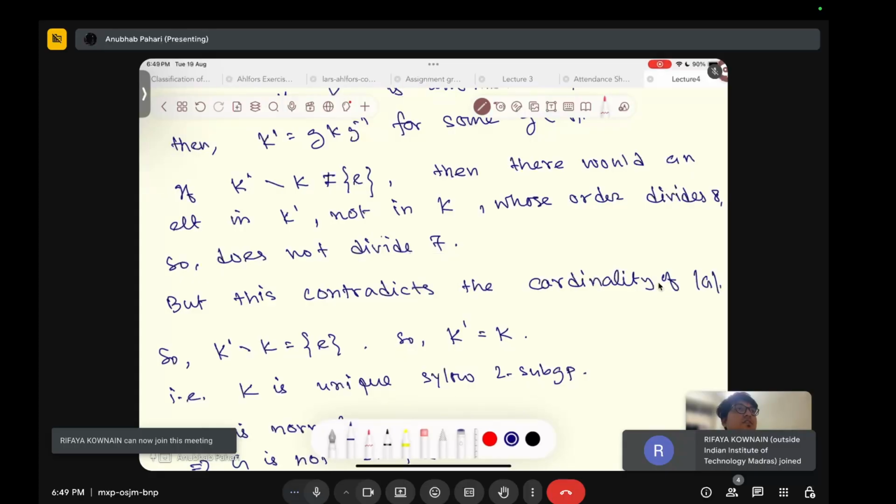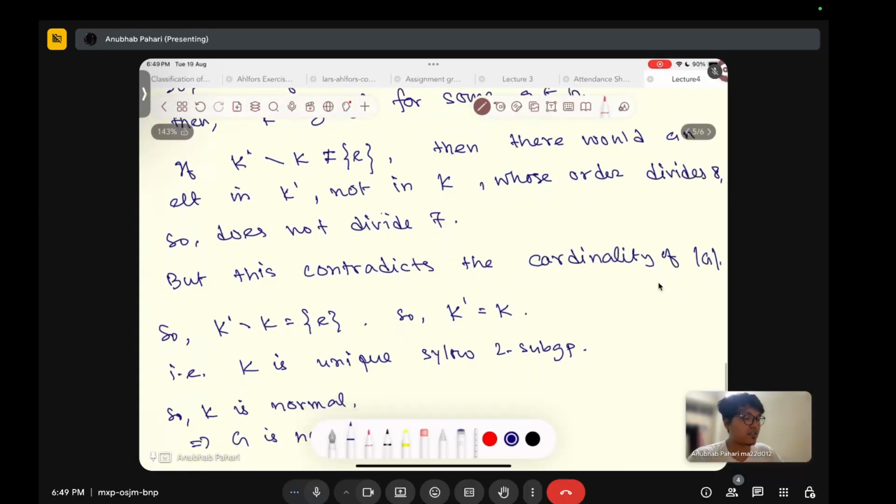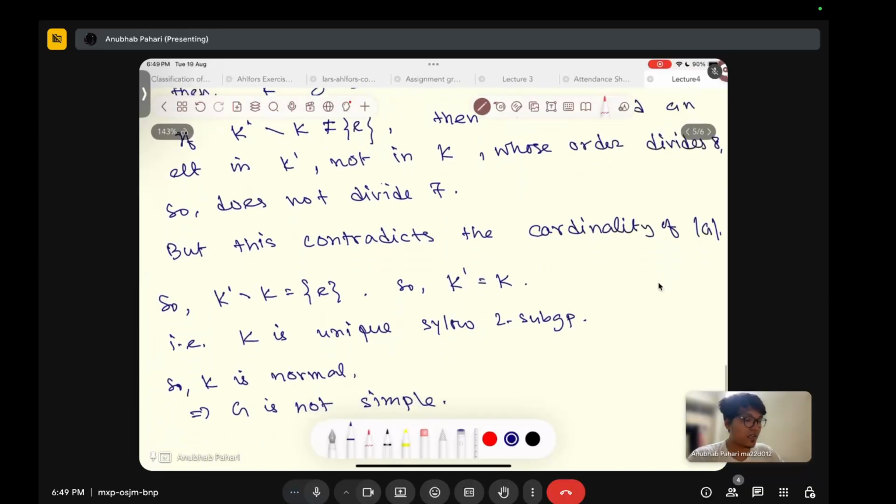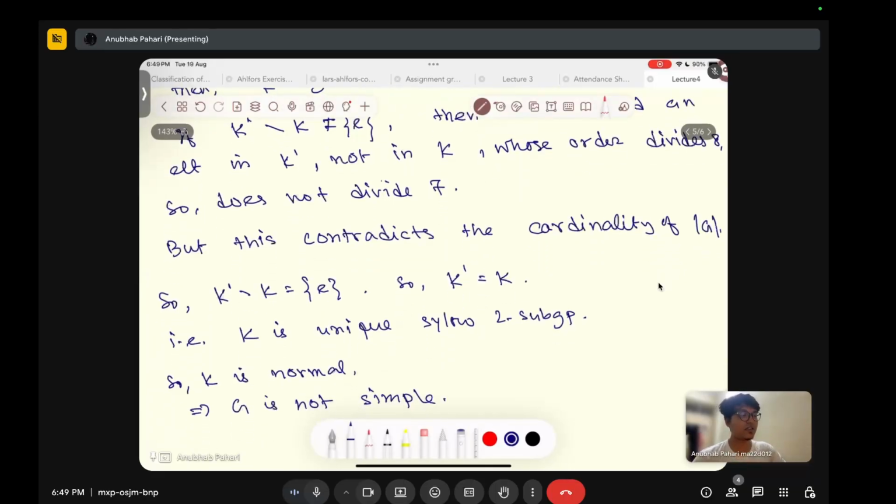Sir, you have changed the intersection sign to this minus sign. What difference did it make?